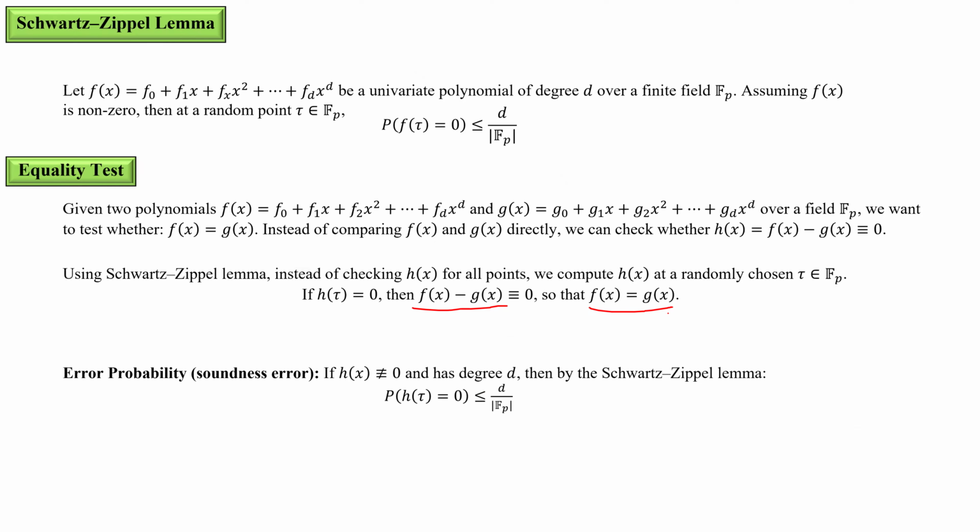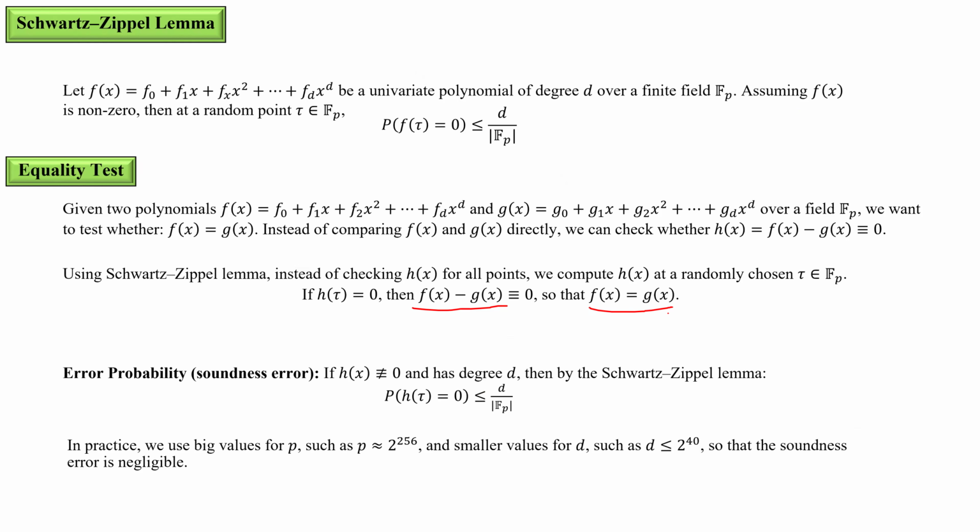If we go back and discuss the idea of Schwartz-Zippel, right? Here we discussed that the probability of the polynomial h of x equaling 0 at a random point like tau is d over the size of the field. In practice, we use very big values for the size of the field.